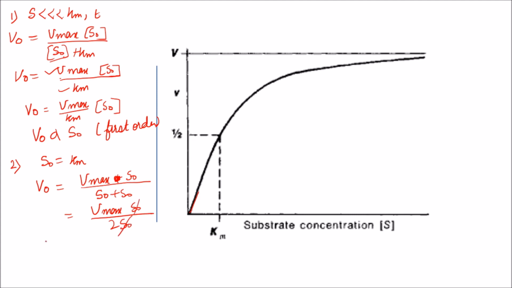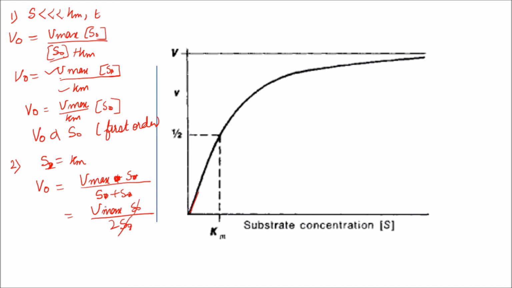So what we concluded is that when the substrate concentration is equal to Km, the velocity will be half of the V max. Here, at the very initial position, we can consider the substrate as S naught, but when we are adding more substrate, it is better to consider any concentration of the substrate instead of the initial concentration. Sorry for this.